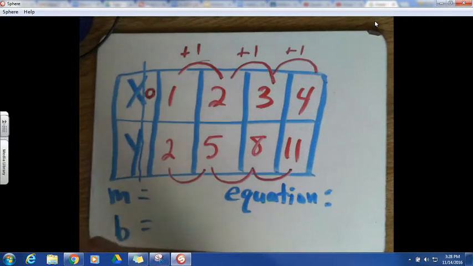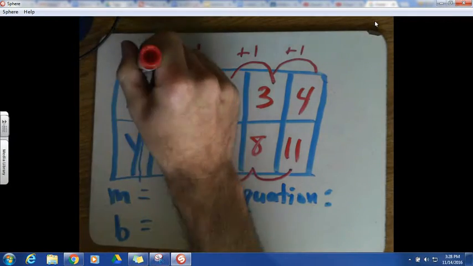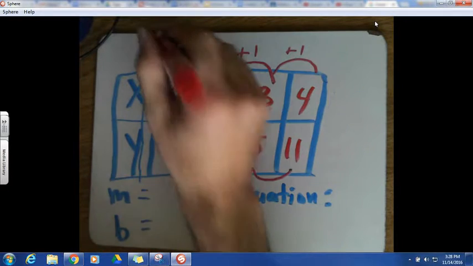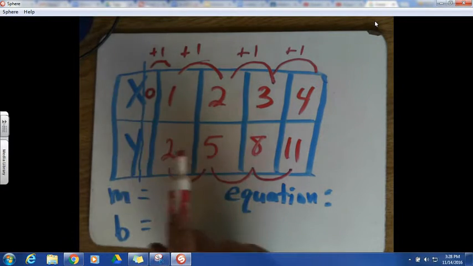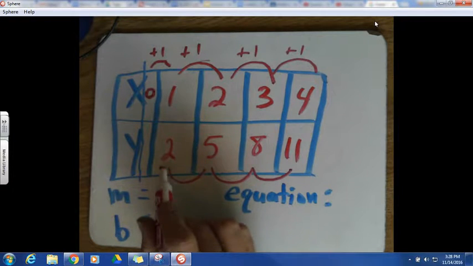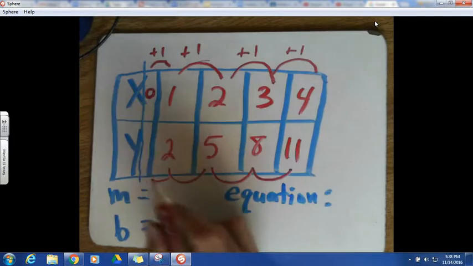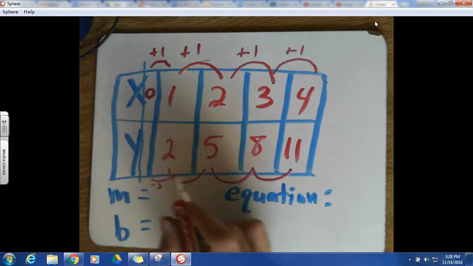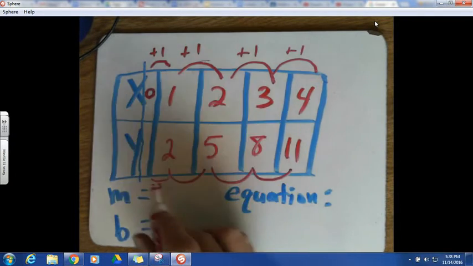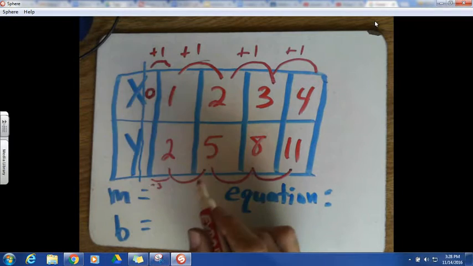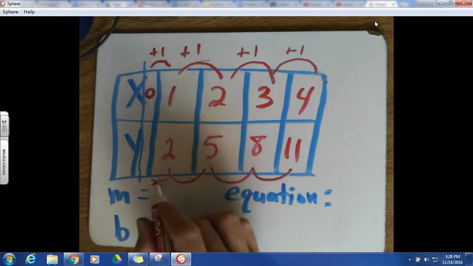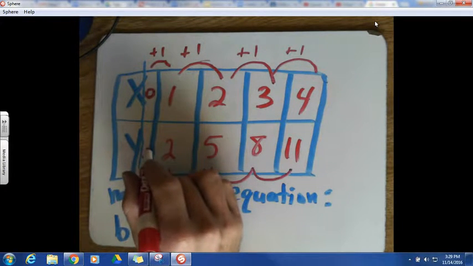Since 0 to 1 is plus 1, you can think about it from 1 to 0 as minus 1. If you went from 2 and kept that rate of change, now you're subtracting 3 instead of adding 3, because you're going to the left instead of the right. So 2 minus 3 is negative 1.